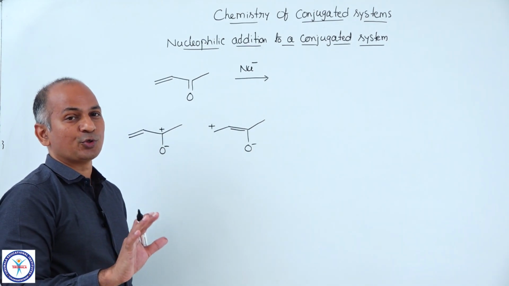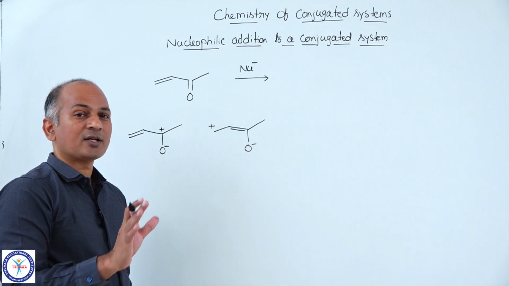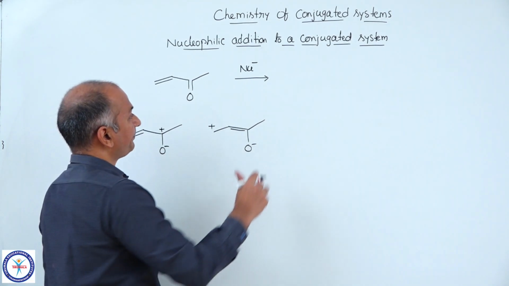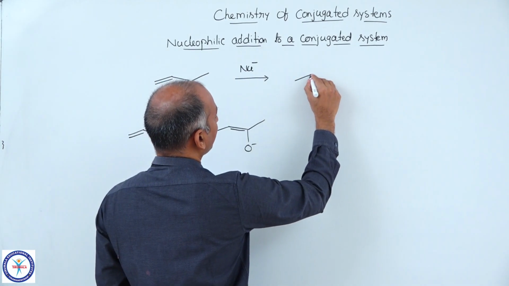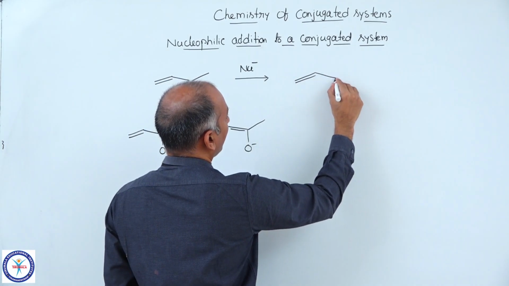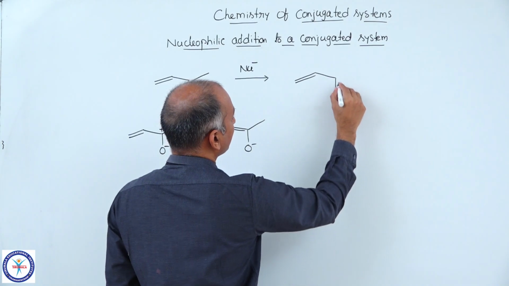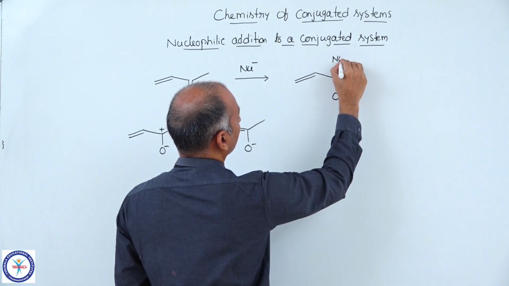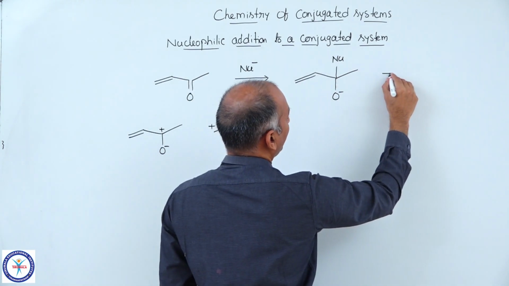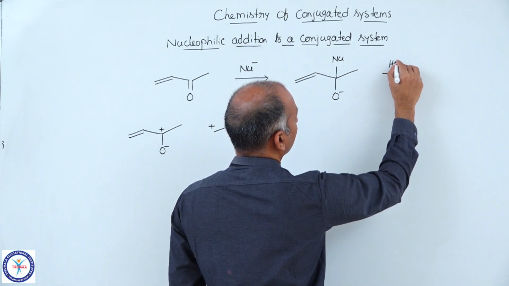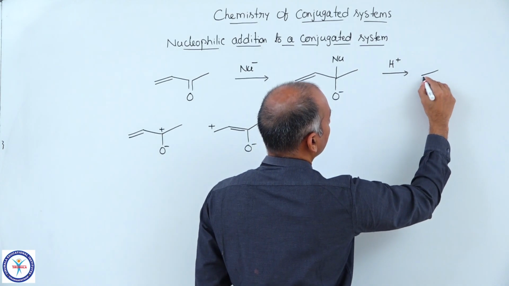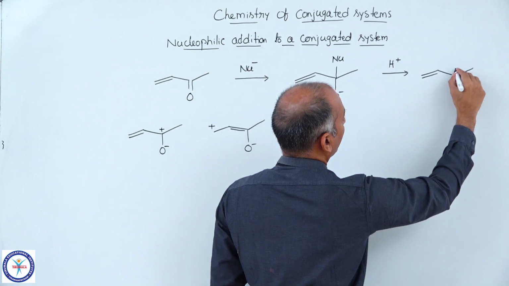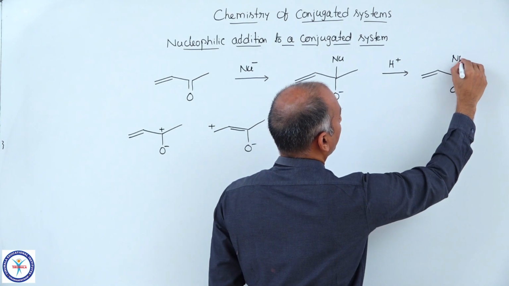First let me show what product you will get when the nucleophile attacks C2. So in the first step you will get a compound with O minus and here the nucleophile, and after that if you add H plus, then the final product is OH and here the nucleophile.